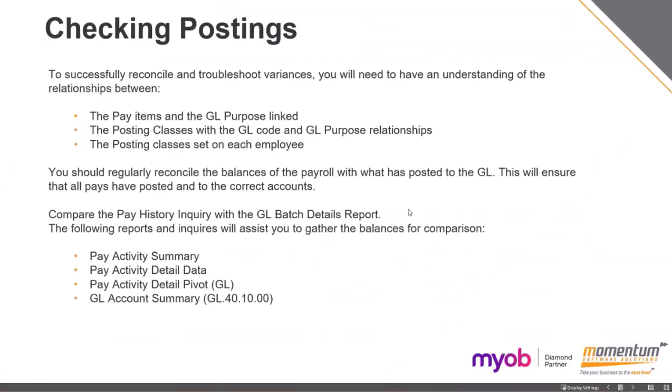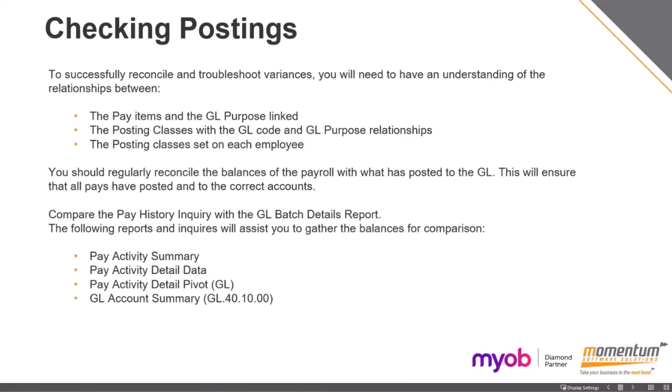So we were discussing that we will need to successfully reconcile and troubleshoot the variance. So we will need to look at the pay items and the GL purpose that it's linked to, and make sure the posting classes with the GL code and GL purpose are reporting to the correct GL accounts, and the posting classes are set on each employee correctly.